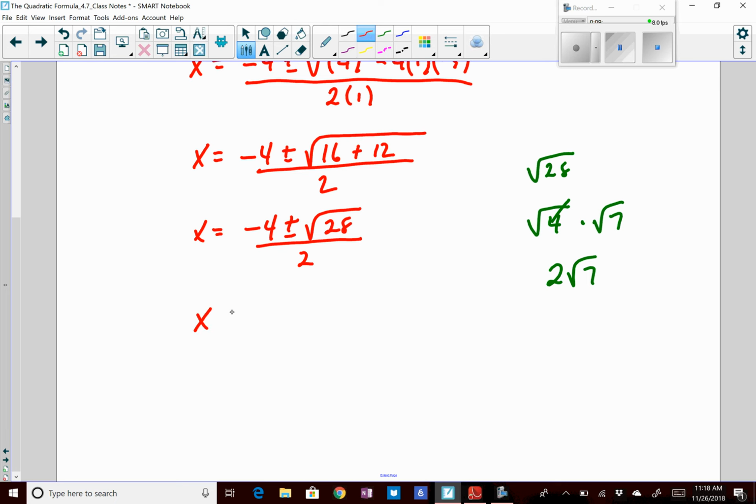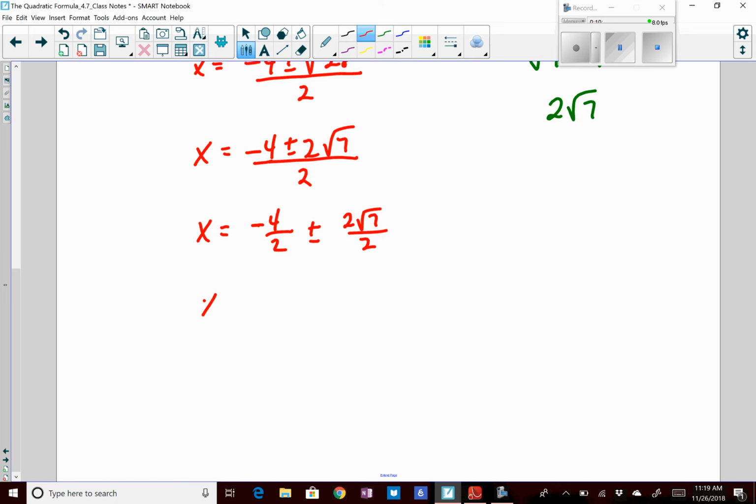So the next step would be to write that in. So negative 4 plus or minus 2 square root of 7 over 2. We see that we can divide what we have here. So it would be the same as doing this, negative 4 over 2 plus or minus 2 square root of 7 over 2.